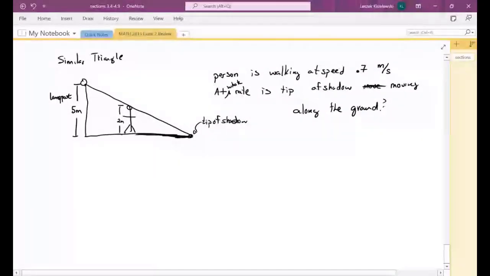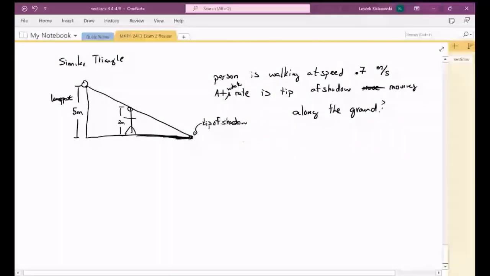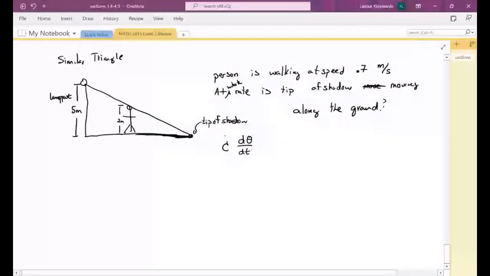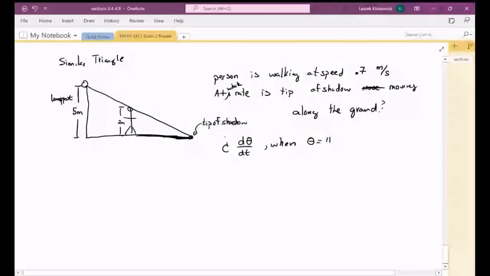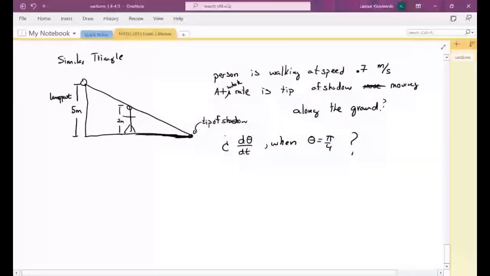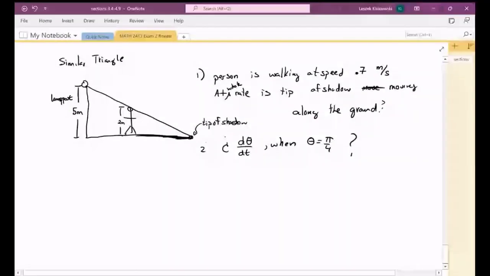They could also ask, if you want to really play around, at what rate is the angle changing? So what is d theta/dt when, let's say, theta is pi over 4? That's another question. But to answer the first question, we will probably go into the second.